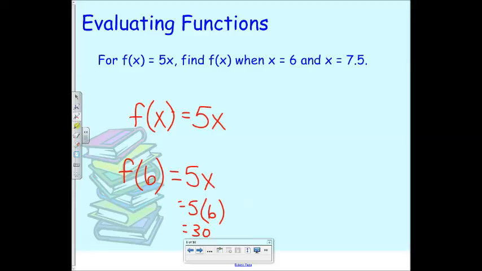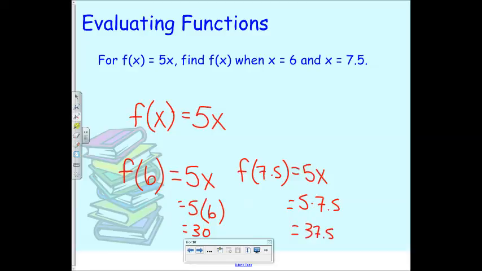So if I have this, f of 7.5 equals 5x, that means I'm plugging in what whenever there's an x? What would I plug in in this one? 7.5. So you do 5 times 7.5, which equals 37.5.